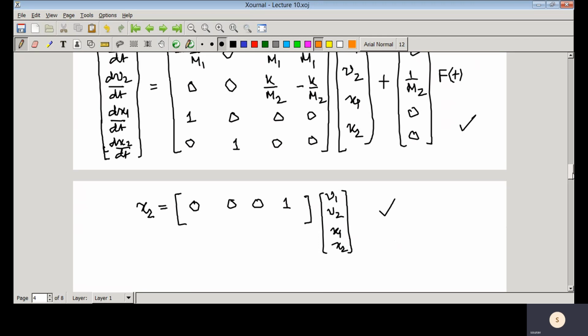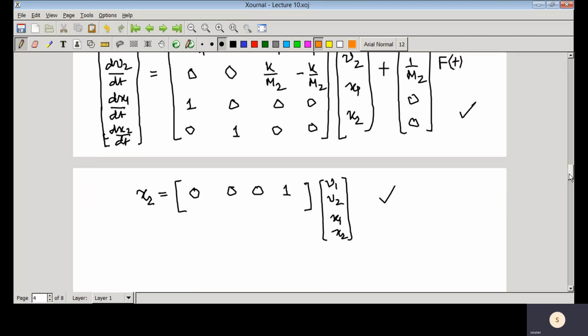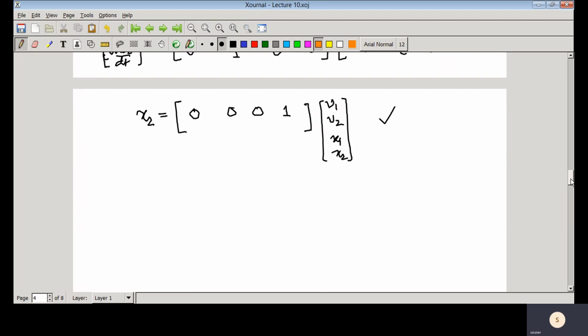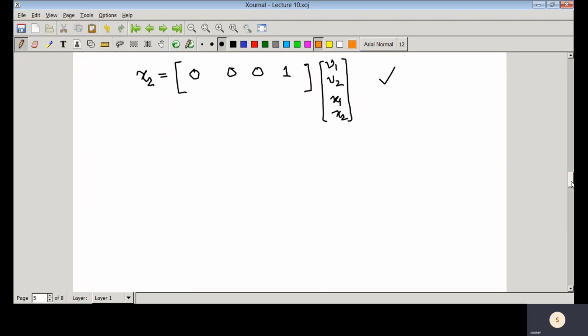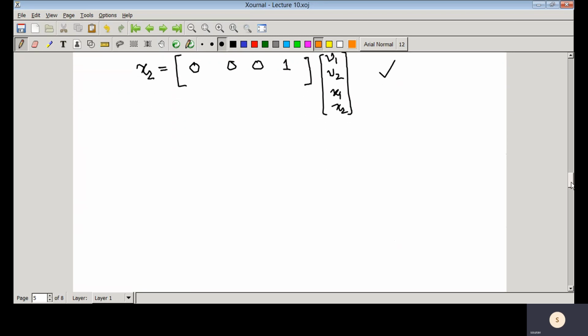So now we are interested in seeing another important concept in state space modeling, that is that state space modeling is not unique. So you can have infinite number of state space models for a given dynamical system.